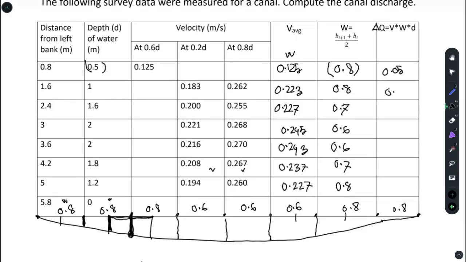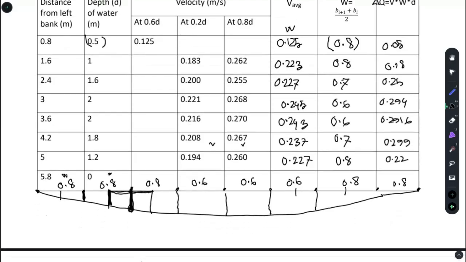And the second one, it was 0.18, it was 0.25, it was 0.294, it was 0.2916, and it is for 0.299, it is 0.22. For 0.22, you multiply 0.2 with the average velocity 0.227 and the depth, which is 1.8. So now you want to know the discharge.